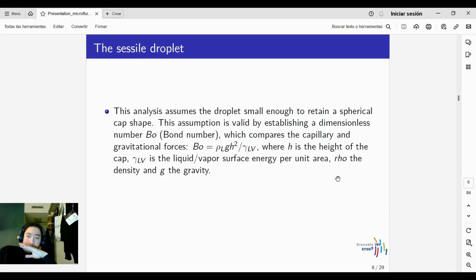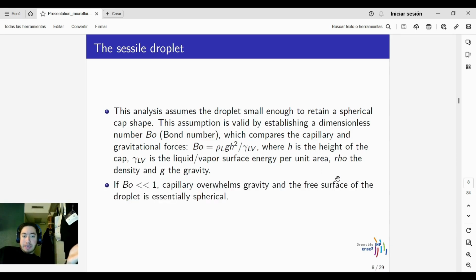In these cases, we will consider that the capillarity is way larger in comparison to the gravitational force, so it will make the Bond number very small, smaller than 1. So for these cases, we can assume as valid the fact that the water drop will have a spherical shape.